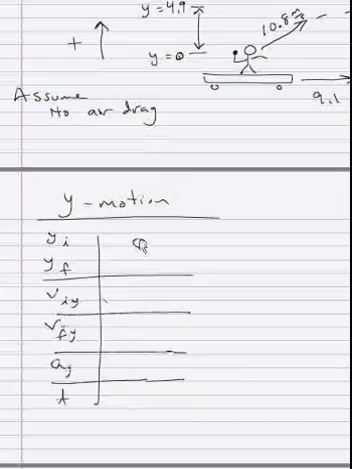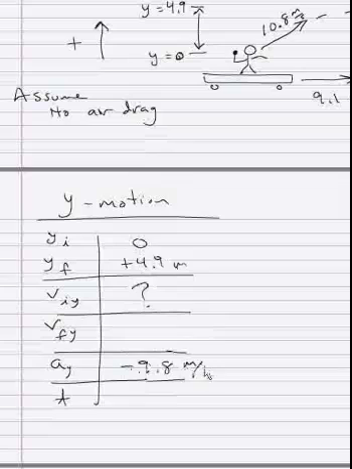So we know it starts at 0. It ends up 4.9 meters in the positive direction. We really are looking for our initial velocity. We know the acceleration is 9.8 meters per second squared in the negative direction. We don't know time.